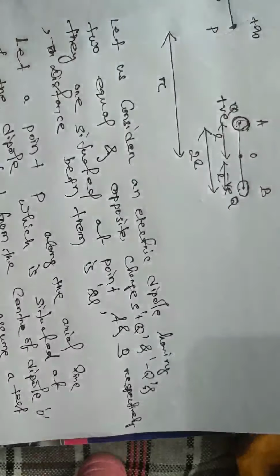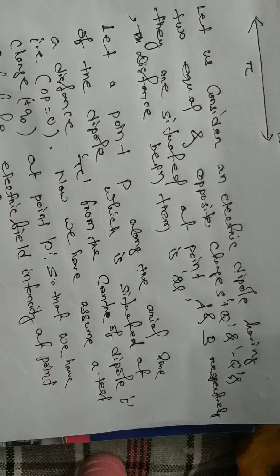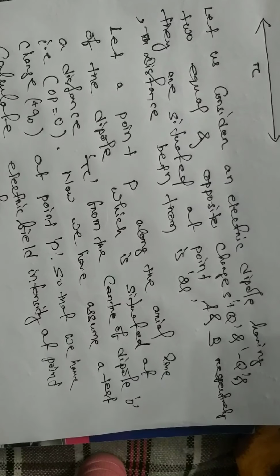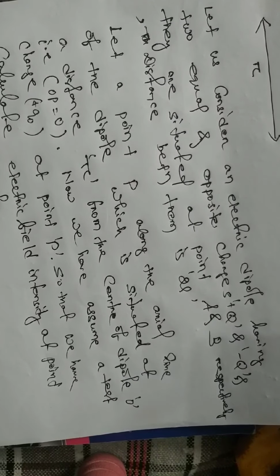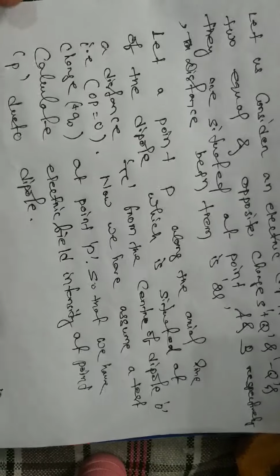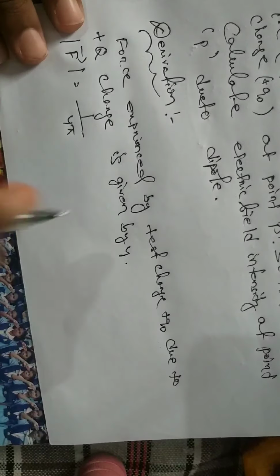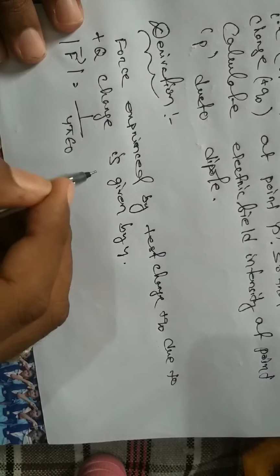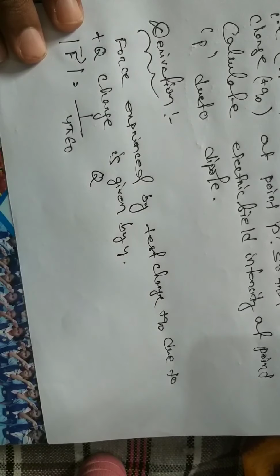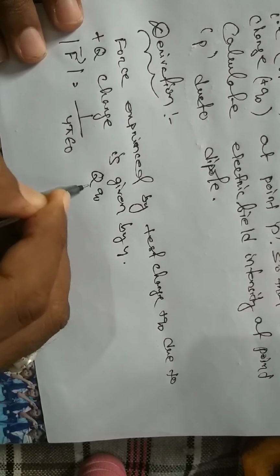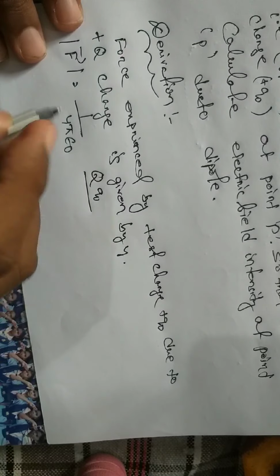Here we write the force experienced by the test charge Q naught due to the plus Q charge is given by F vector whose magnitude, according to Coulomb's law, is 1 by 4 pi epsilon naught times Q Q naught divided by r square. Q is the source charge and Q naught is the test charge, both similar in nature.